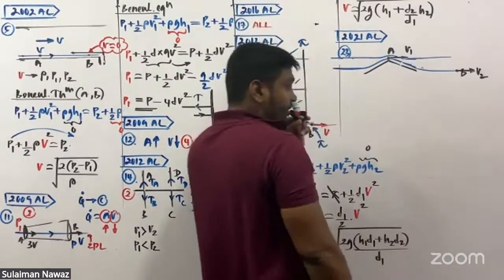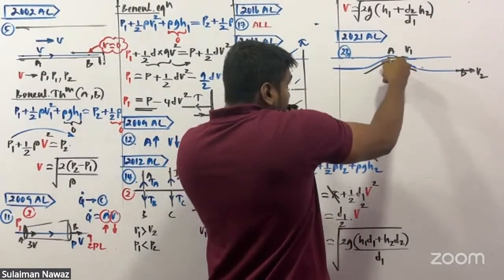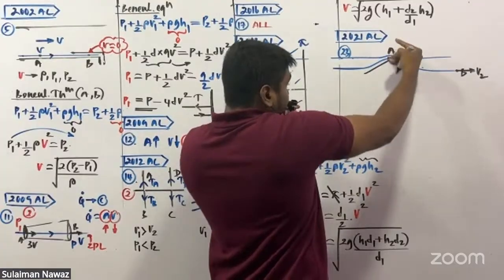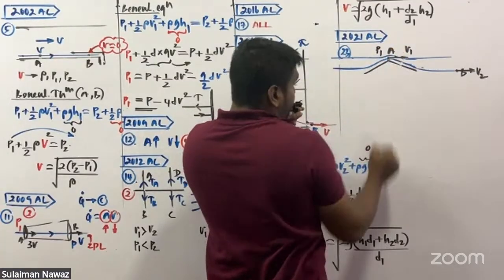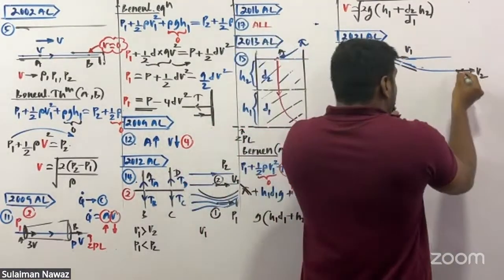Also, we'll mark the pressure of the air particles. At point capital A, it is going to be P1. Pressure of the air particles at point capital B is going to be P2.